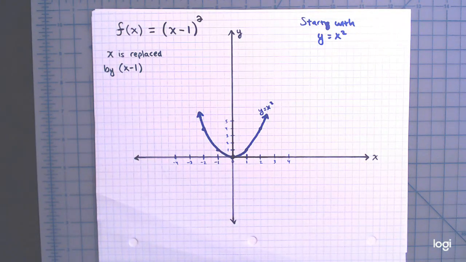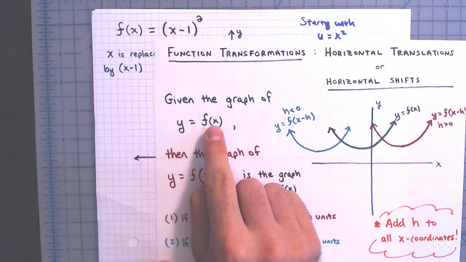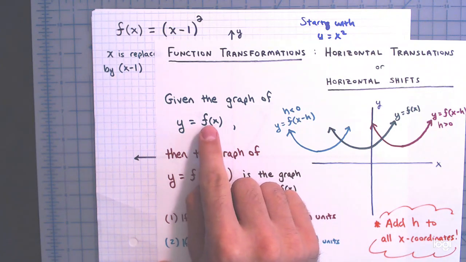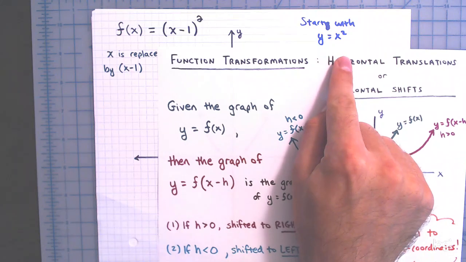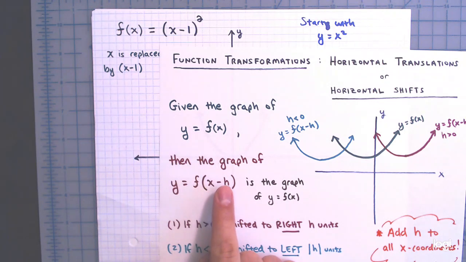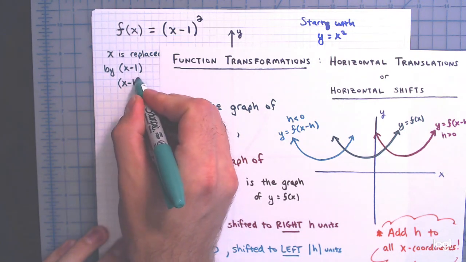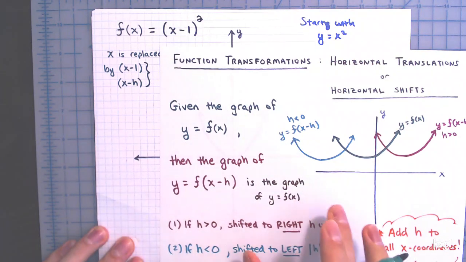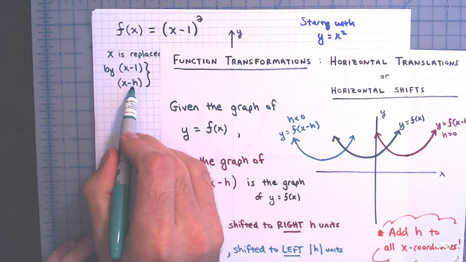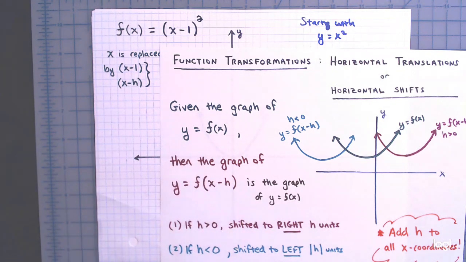All right, so remember back to that first page, talking about horizontal translations. The x in my original expression, this f of x is like the x squared, all the x's in the original expression are replaced by x minus h, this quantity x minus 1. So if you think of this as x minus h, what is the value of h? Well, that's positive 1 this time. H is 1.